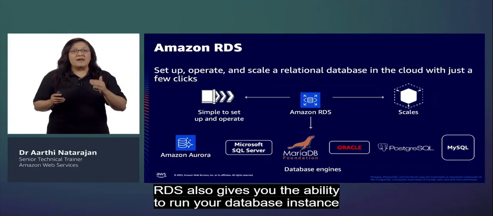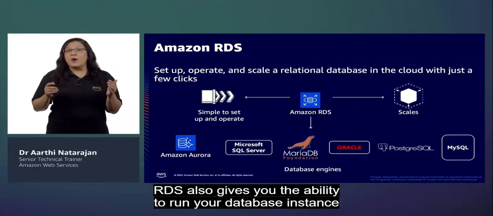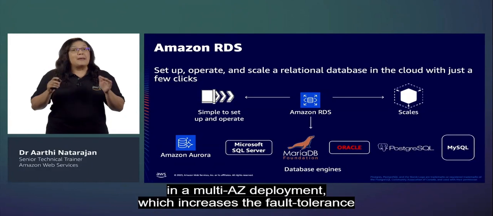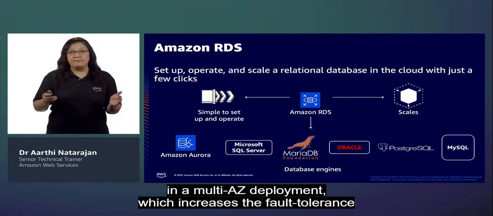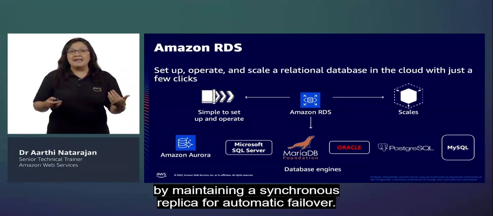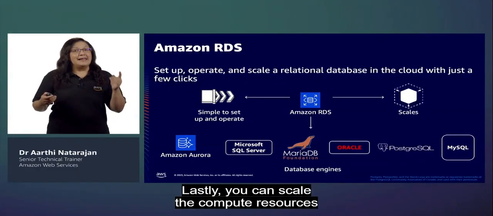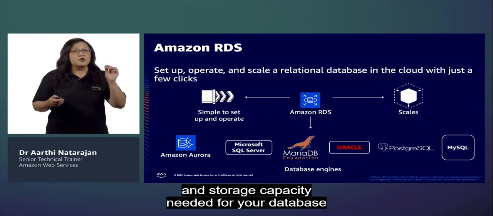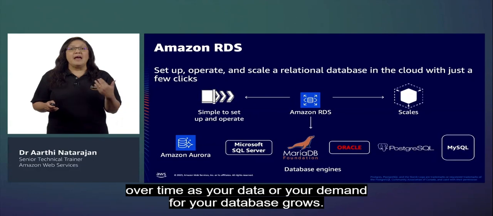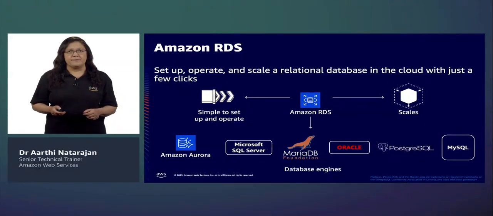RDS also gives you the ability to run your database instance in a multi-AZ deployment, which increases the fault tolerance by maintaining a synchronous replica for automatic failover. Lastly, you can scale the compute resources and storage capacity needed for your database over time as your data or your demand for your database grows.